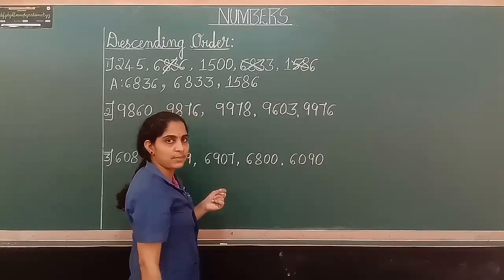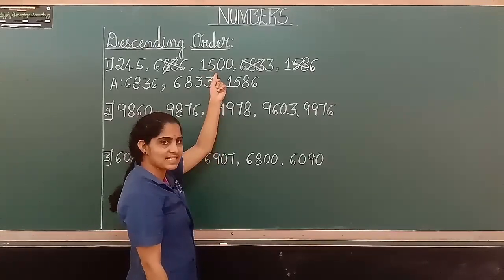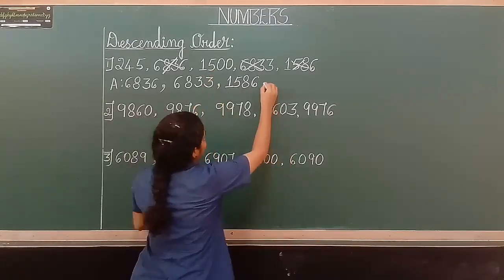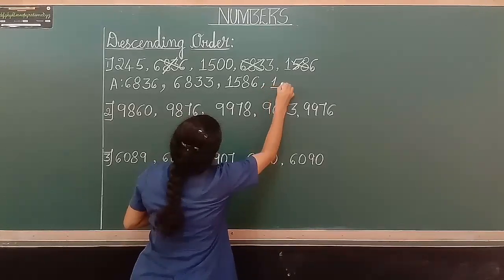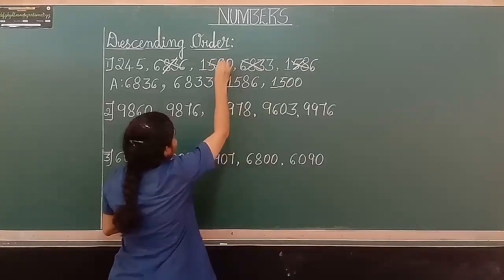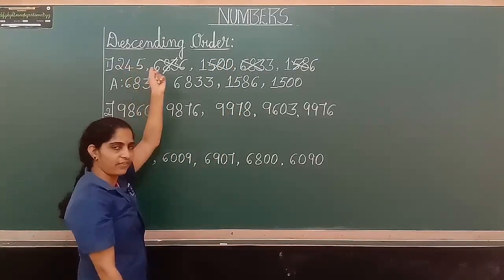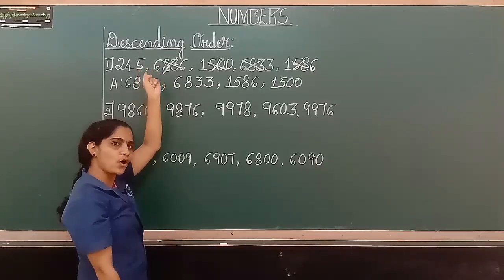So which is the next number we have to write? Yes, now you know this is the next greater number, right? So we have to write 1500 next. And the last remaining number is 245. So this is the smaller number.